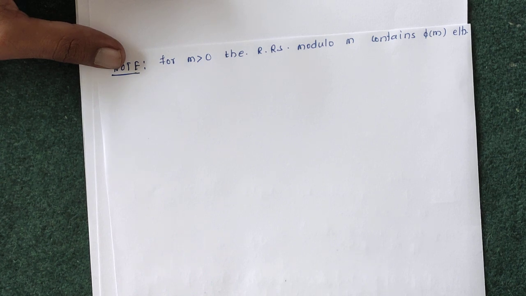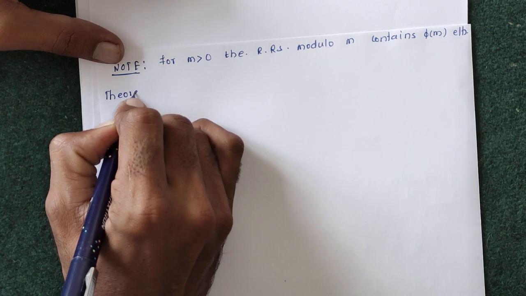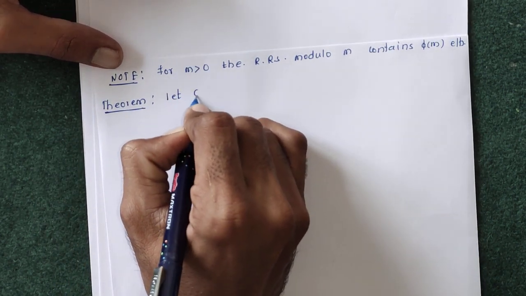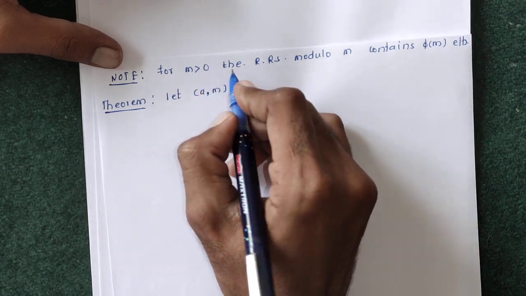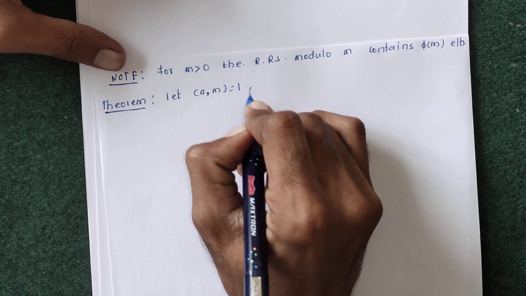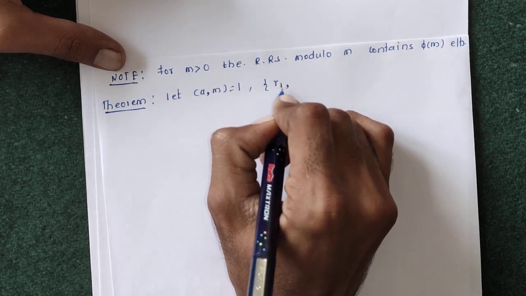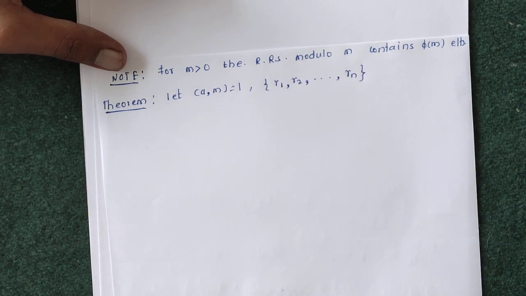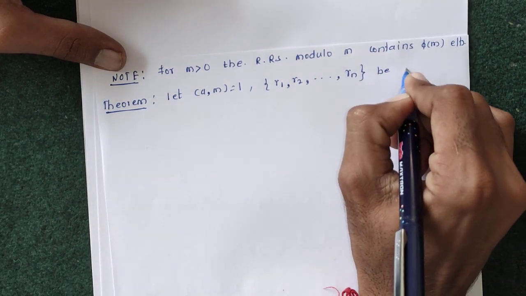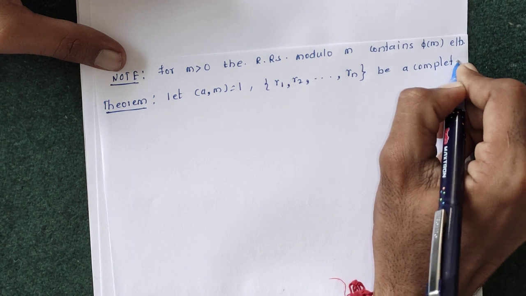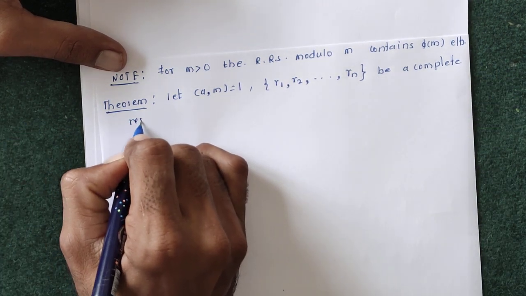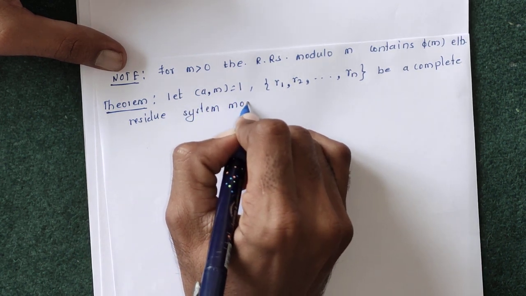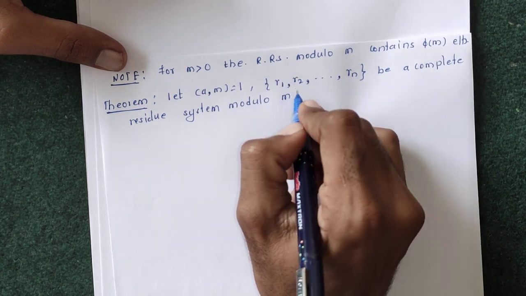Now the next theorem is: let GCD of a and m be equal to 1, and let r1, r2, up to rn be a complete residue system modulo m.